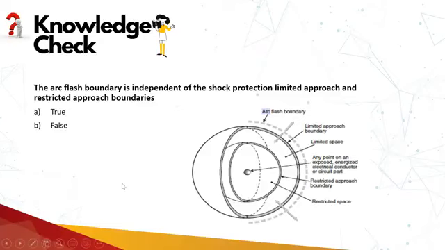This is true. The question is similar to what we had discussed: the arc flash boundary is independent of the shock protection boundary, and within the shock protection boundary, we have the limited approach boundary and the restricted approach boundary.